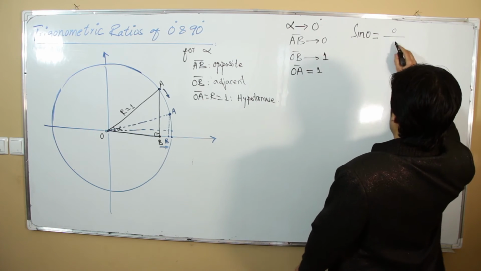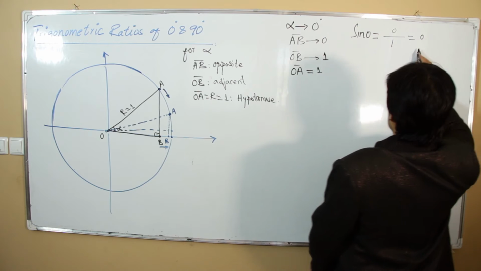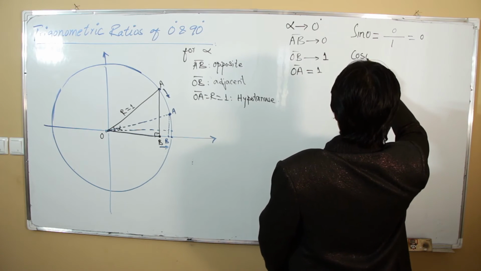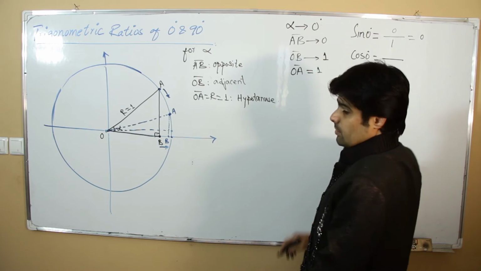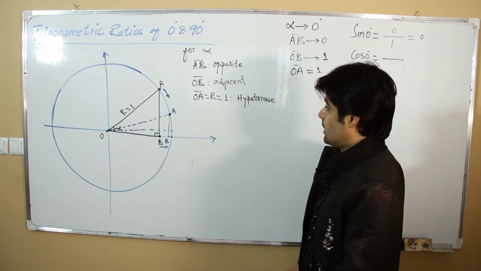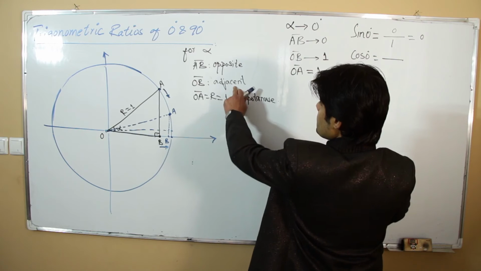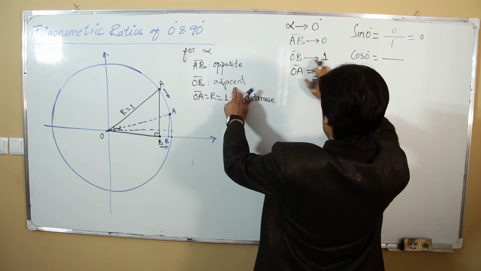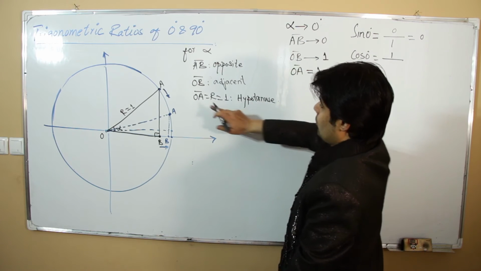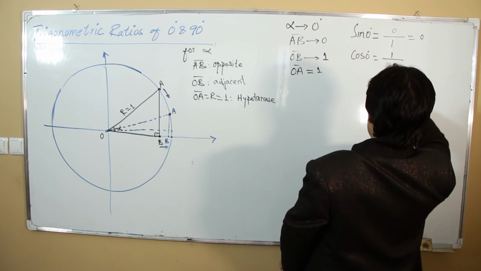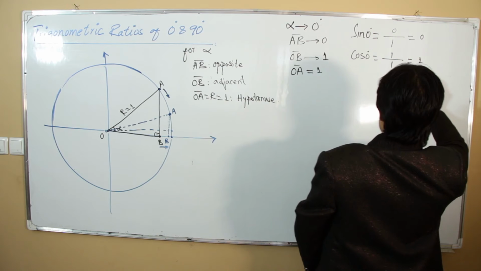OA is 1. 0 divided by 1 is 0. Cosine of 0: adjacent divided by hypotenuse. What is your adjacent? OB, and the value of OB is 1, divided by hypotenuse, which is OA, and OA is 1. 1 divided by 1 is 1.